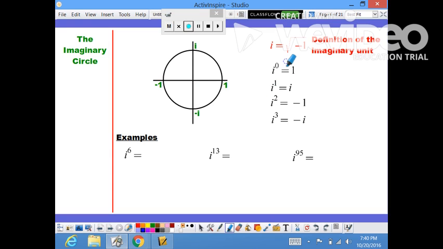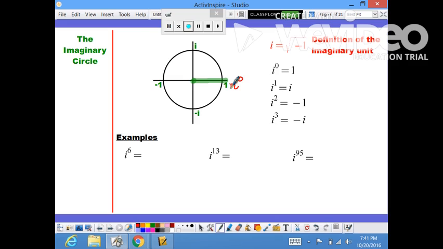So when you start off at 0 degrees, you go straight over here. That's just a line at 0 degrees. All right, it doesn't form an angle. So we say that i to the power of 0 is 1.